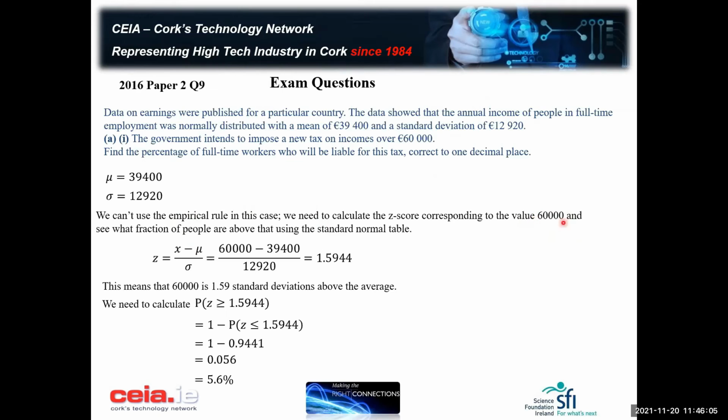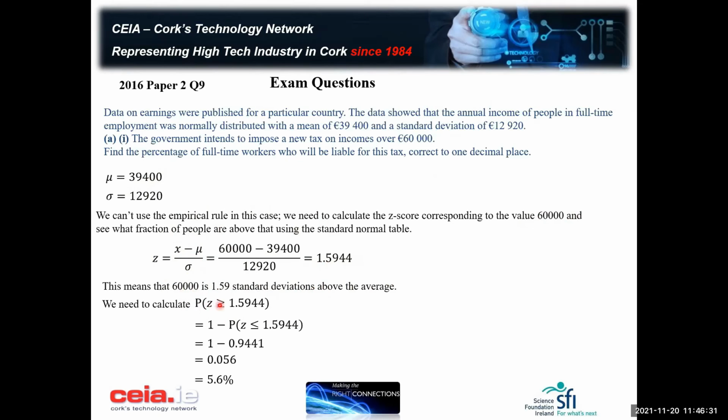We want to work out the z-score of 60,000. This is the formula: subtract the mean from your sample, divide by the standard deviation. And you work out 1.5944. That means that 60,000 is 1.59 standard deviations above the average value of 39,400.